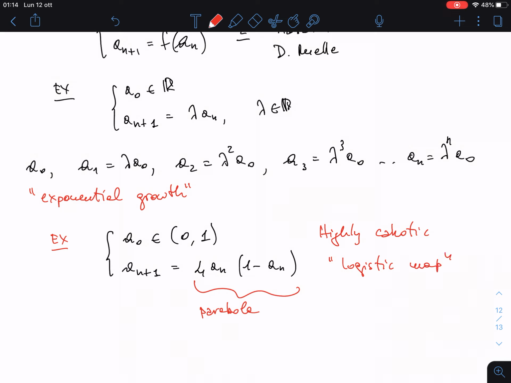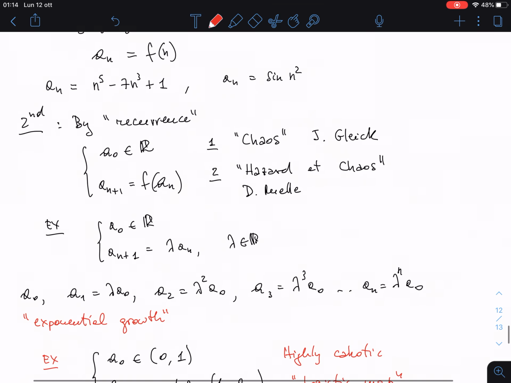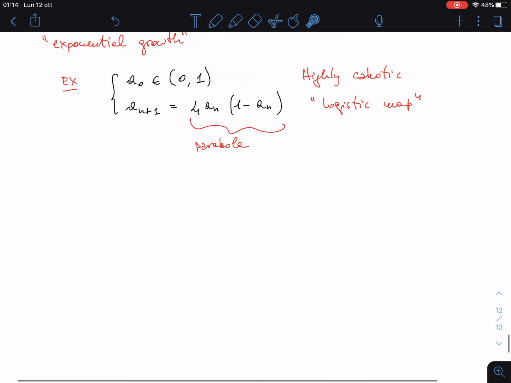Okay. So this is the idea of sequence and how sequences present themselves. When you meet them, you can now recognize them. And now let me go to the problem of sequences.